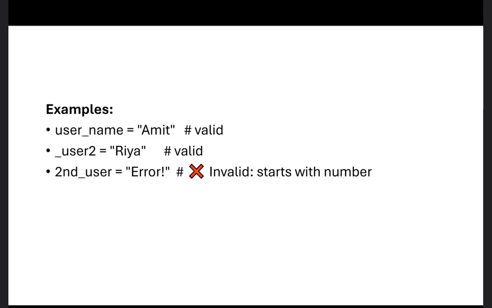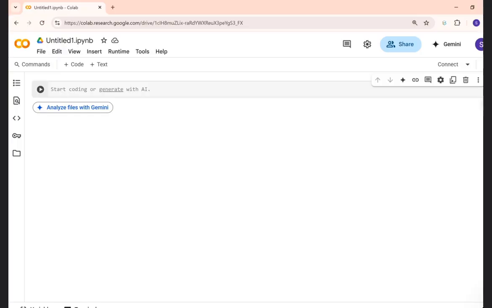So let me build a small project. We'll write a simple program that asks you for your name, age and favorite hobby, then prints a fun personalized message. So let me start. I'm going to get the name from the user.